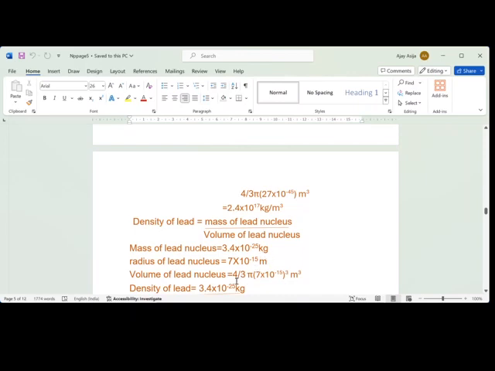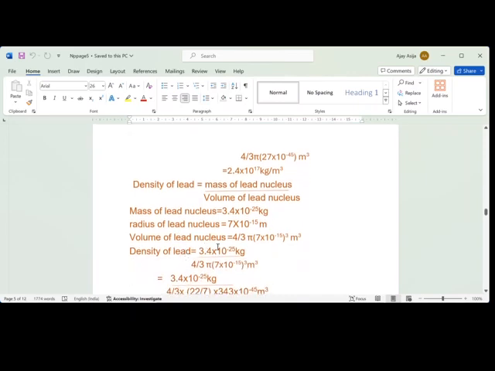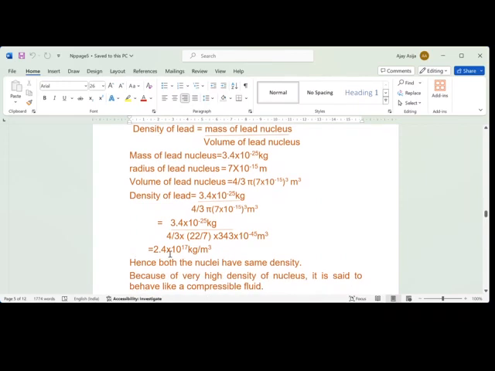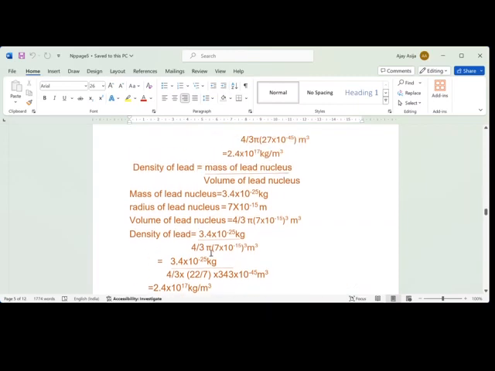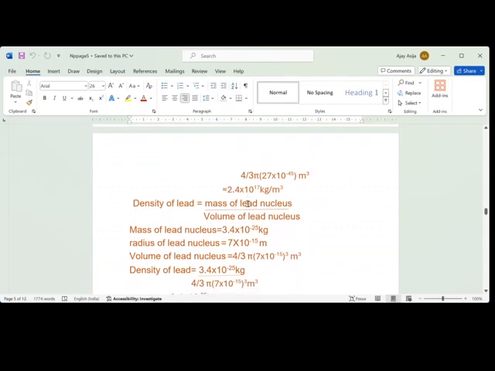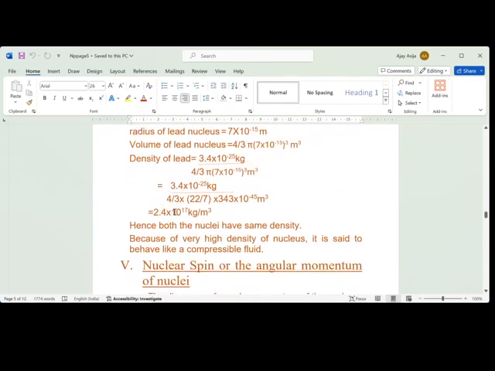We use this radius in the formula of volume, and the volume will be 4/3 π (7 × 10^-15)³. We put these values of mass and volume in this formula, and we find that the density of the lead nucleus is 2.4 × 10^17 kilogram per meter cube. We can see from here that the density of the oxygen nucleus and the density of the lead nucleus are both 2.4 × 10^17 kilogram per meter cube.